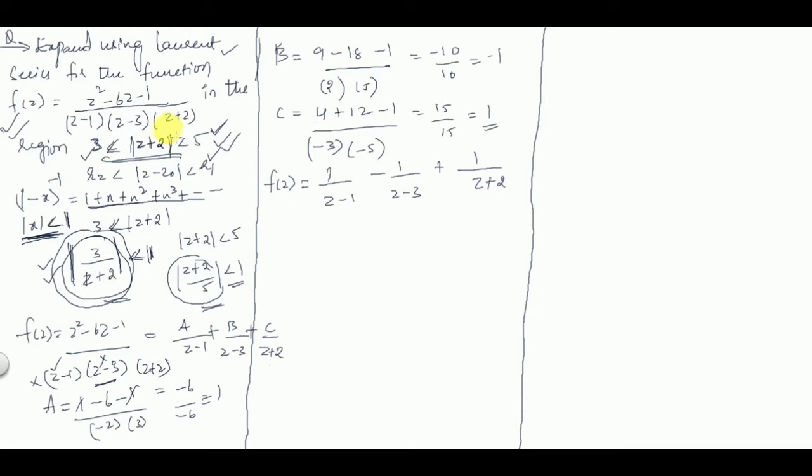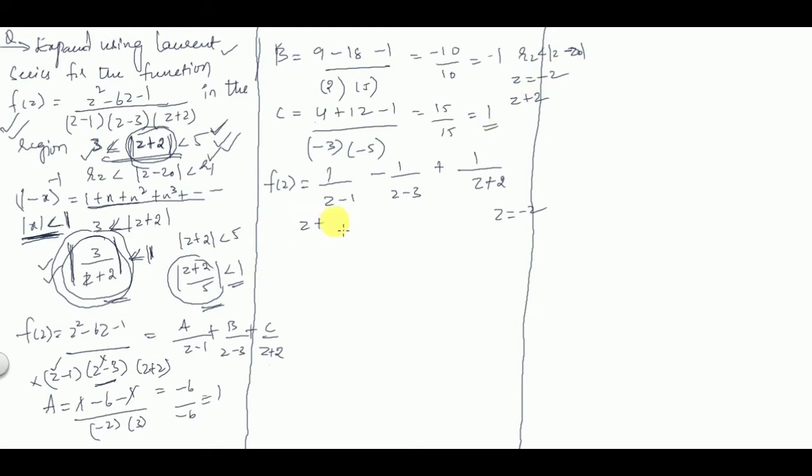He has asked us to find the expansion in terms of z plus 2, that is about z is equal to minus 2. We are getting this from the given ROC. So ROC is R2 less than mod z minus z0. He is asking the expansion about z is equal to minus 2, so that it becomes z plus 2.